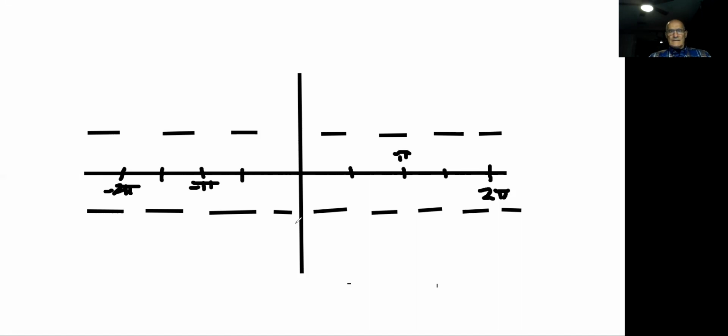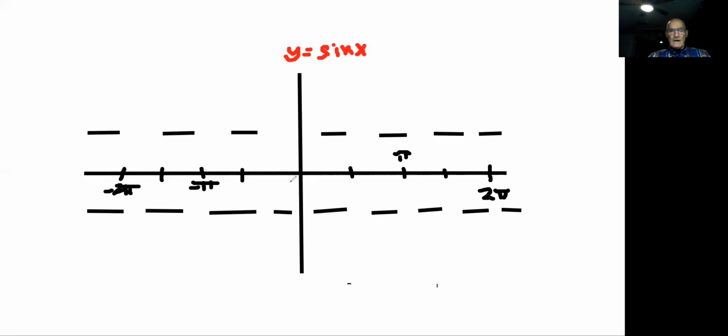Now, let's make this a different color. We're going to do the sine curve, y equals sine x. If you go back to your unit circle, the sine is the y coordinate.